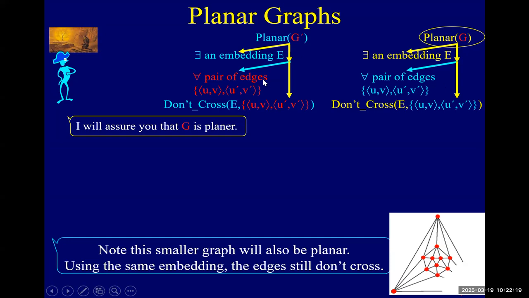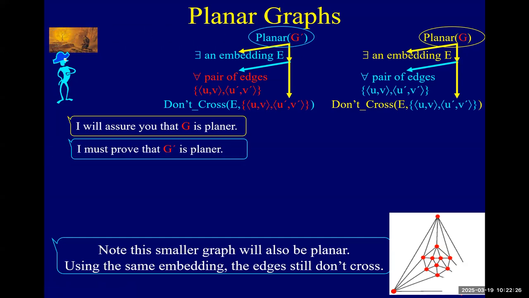And I have to make sure that my new graph with one less node in it is planar, right? So how do I prove it? I have to prove G prime is planar. So how do I come up with an embedding? Well, I go over and get the embedding for the bigger graph, right? I take the embedding for the bigger graph.